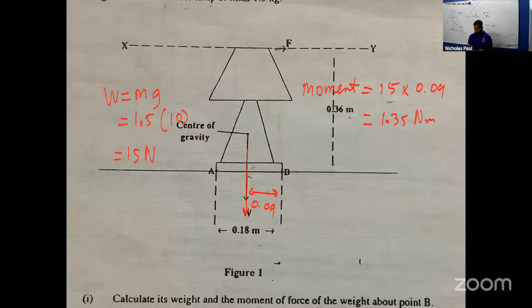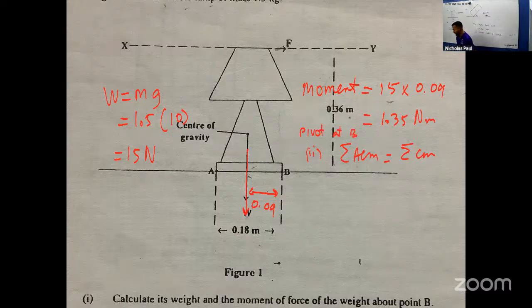In part 2 we said that the sum of the anti-clockwise moments is equal to the sum of the clockwise moments, with the pivot at E. Which one is anti-clockwise? W, and we already found the distance from E, which was 0.09. Which is clockwise?